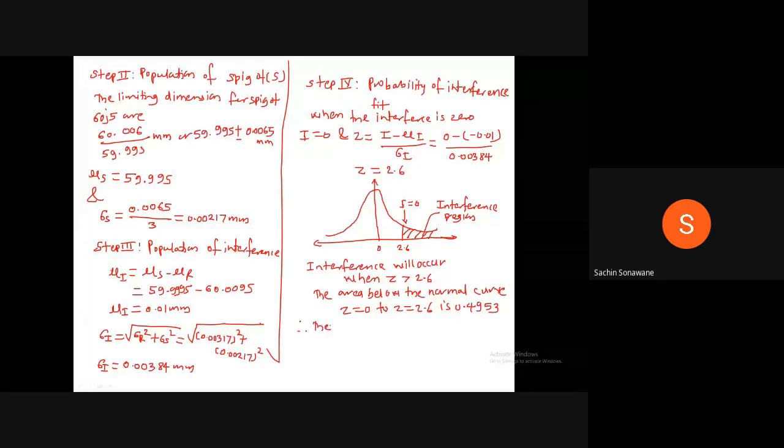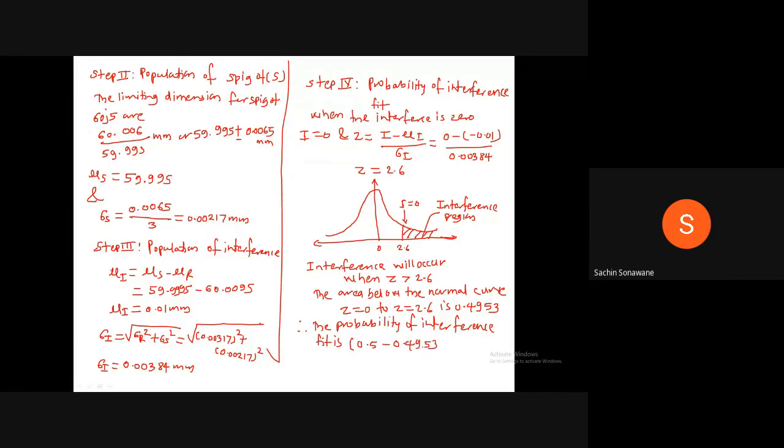Therefore, the probability of interference fit is 0.5 minus 0.4953 into 100, which is equal to 0.47%. Therefore, this is the end of the problem and end of the chapter. We will stop here. Thank you very much.